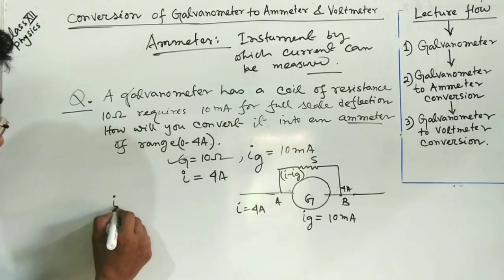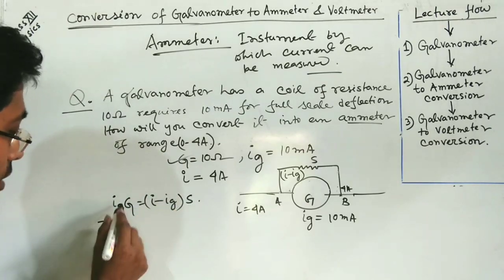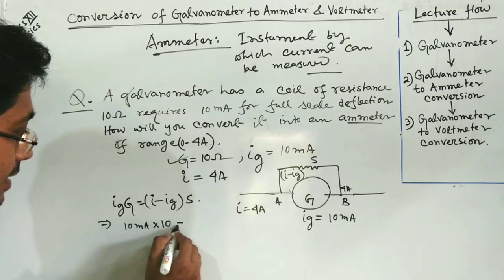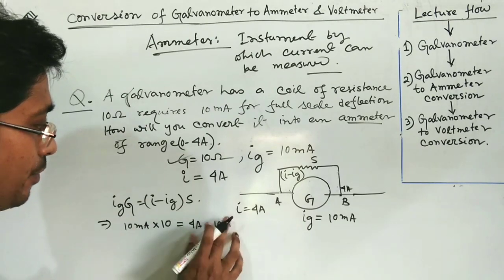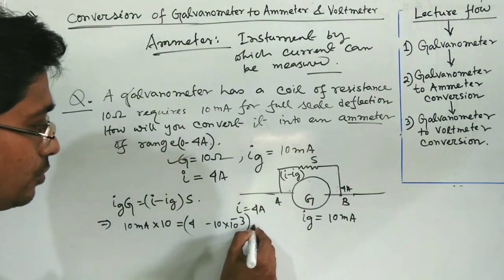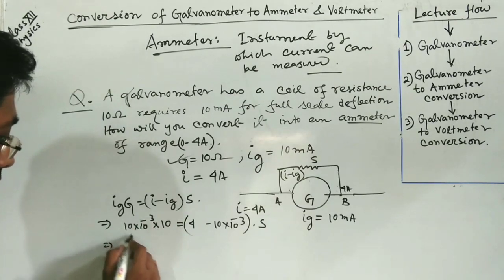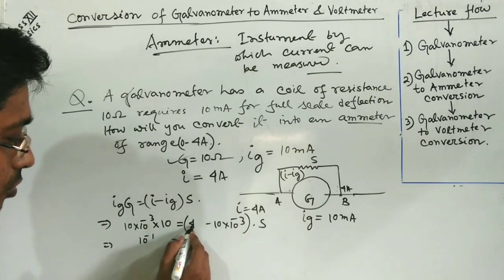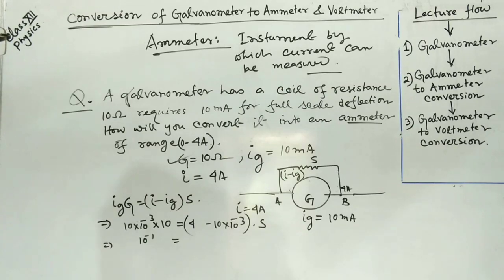So we can write Ig into G equals I minus Ig into S. Here Ig is 10 milliampere, G is 10, and I is 4 ampere minus Ig, which is 10 into 10 to the power minus 3 ampere, into S. So we have to subtract 4 minus 10 to the power minus 2, which means 0.01.